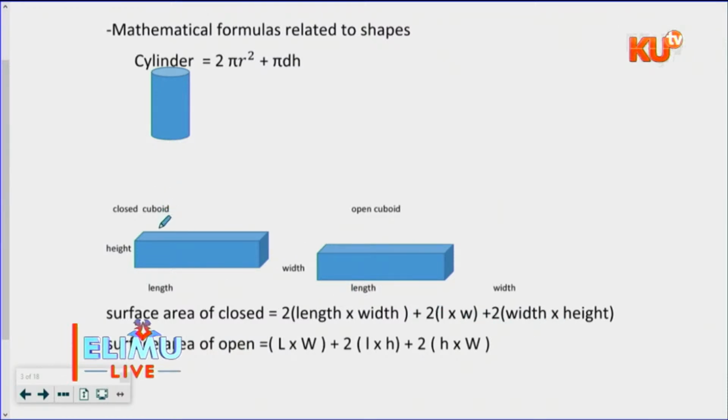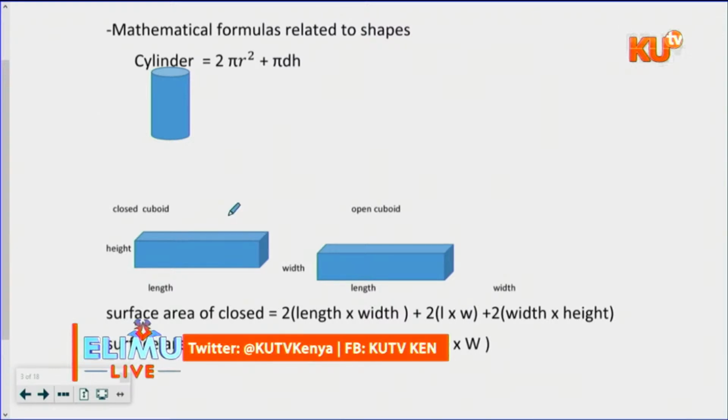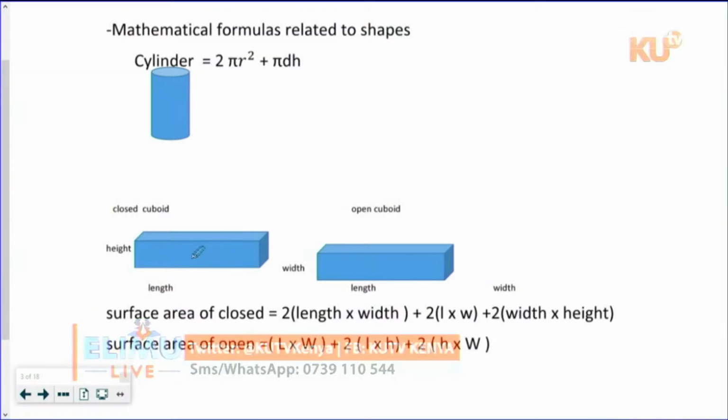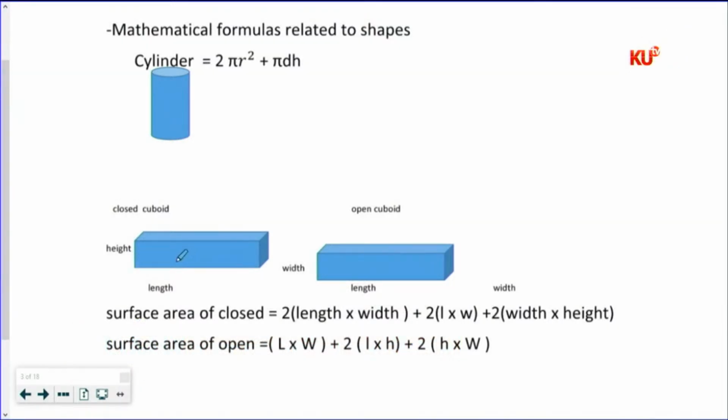We work out area of this one, length times width times 2, that is area of top and bottom. We come to area of this side, this face, we say length times this one, and then there are 2, multiplied by 2. I call it width because it is a rectangle in nature. Then we come to the last part, we say width times height.